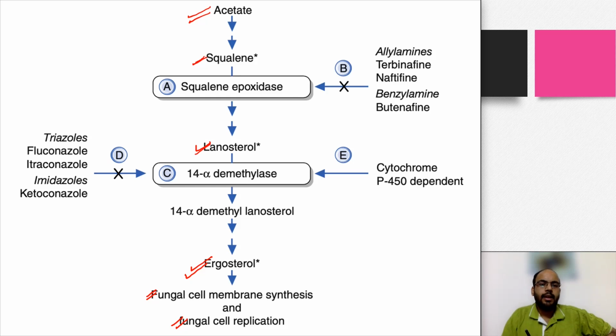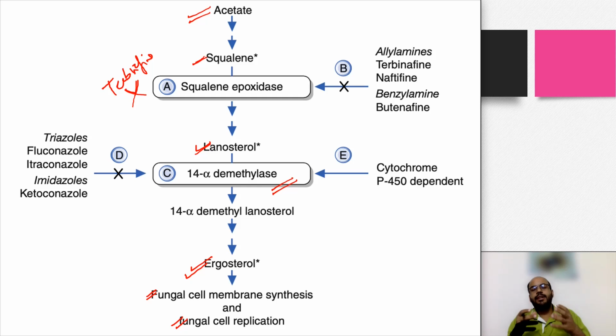Okay. Now this squalene epoxidase is inhibited by terbinafine. And what happens is that this time the inhibition will happen at the level of lanosterol 14 alpha demethylase. Now 14 alpha demethylase has a certain heme moiety, the same heme molecule that we have in hemoglobin.